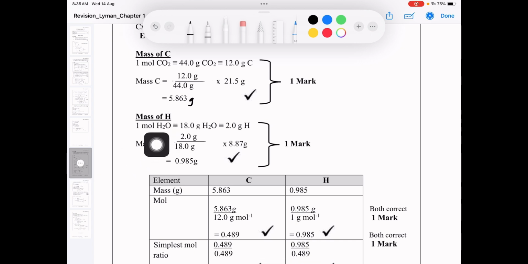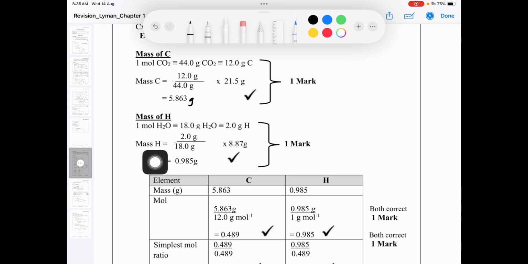Yeah, we calculate from the mass of H2O produced, where 1 mole of H2O is equal to 18.0 gram of H2O. So this is the mass of 1 mole of H2O, and in 1 mole of H2O there are 2 atoms of hydrogen, which has a mass of 2 gram.